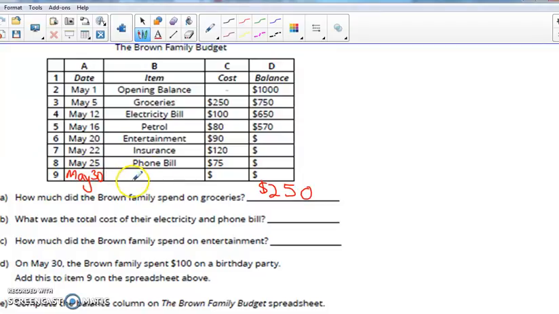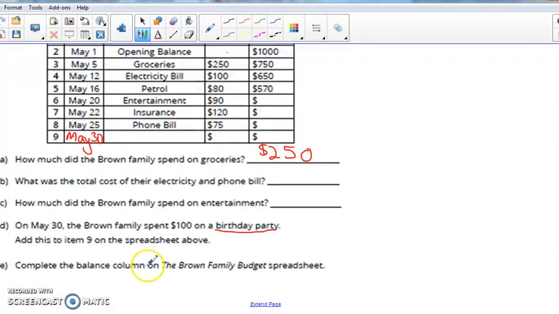You need to put in what it was, the item that they spent it on, which looks like a birthday party, and how much they'd spent. And yeah, I was right. Complete the balance column, which is this one here, on the Brown family budget spreadsheet.